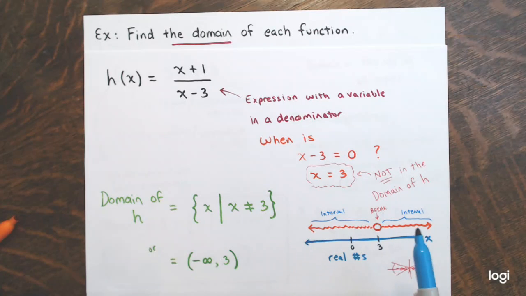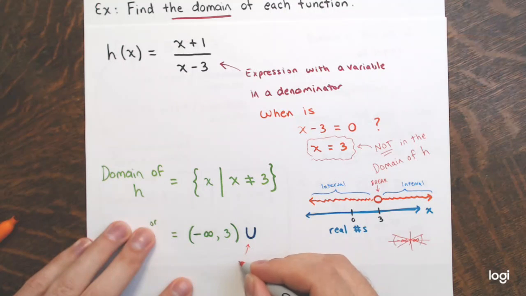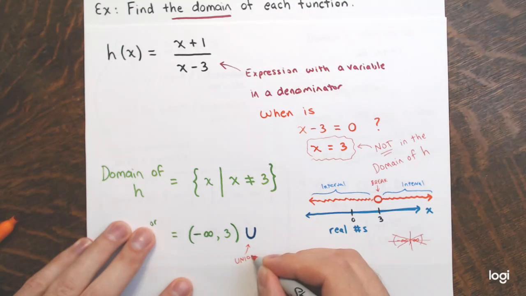Less than 3 or greater than 3. And a symbol to indicate that in interval notation or set notation is this U shape. Okay, it's a big U, and its symbol is for union with. This is the union symbol, and really it's just a symbol representing the word or.